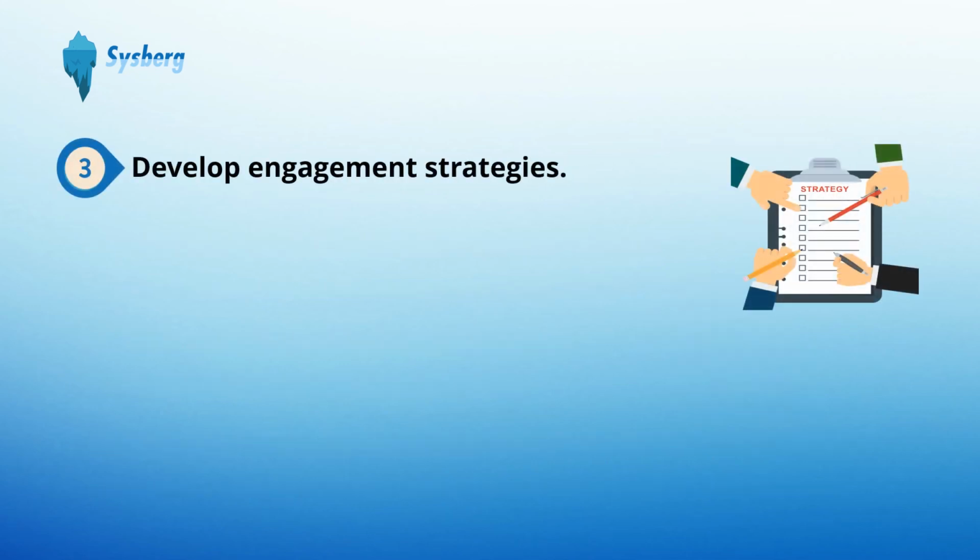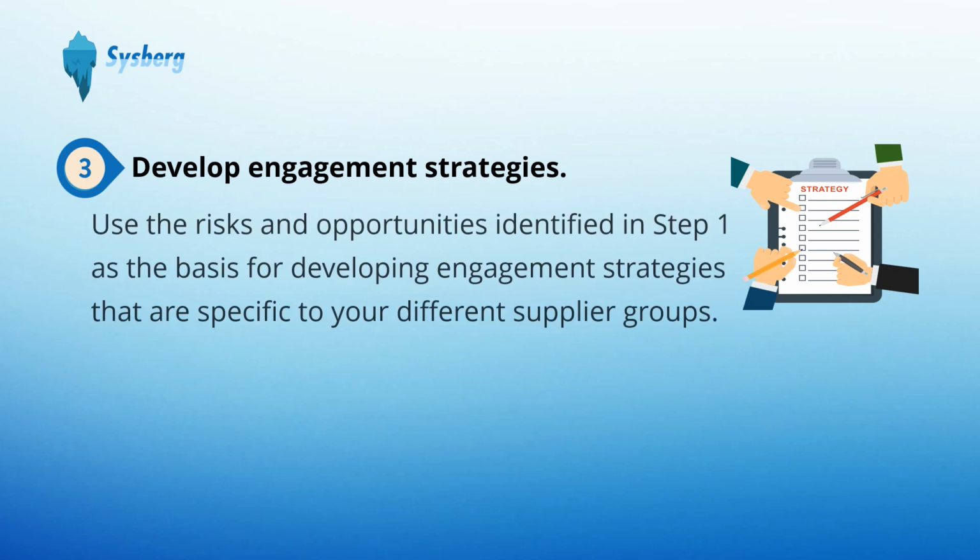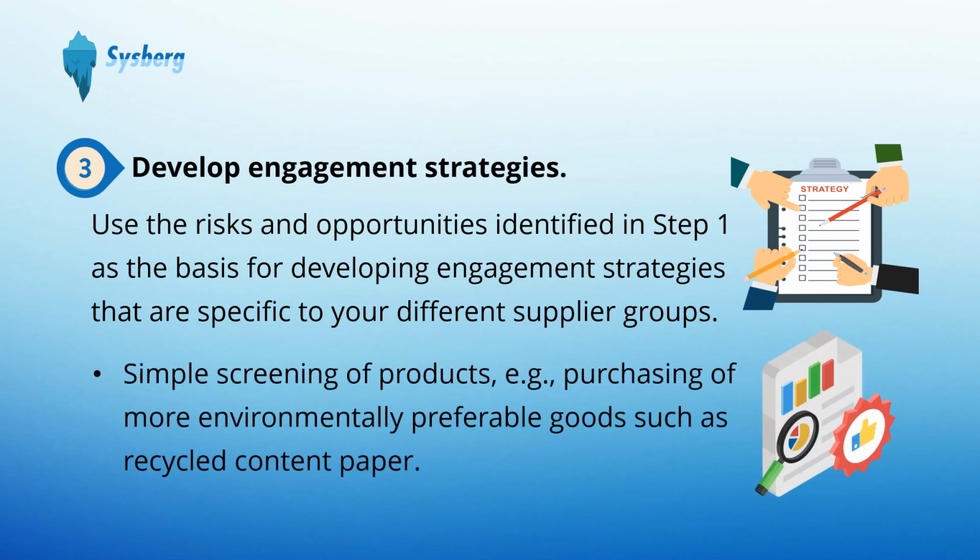Step 3. Develop engagement strategies. Use the risks and opportunities identified in Step 1 as the basis for developing engagement strategies that are specific to your different supplier groups. These could range from simple screening of products, for example, purchasing of more environmentally preferable goods such as recycled content paper.